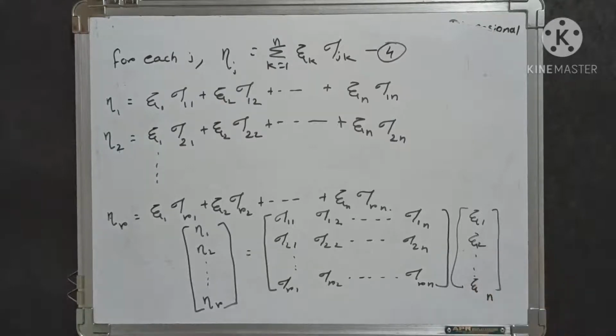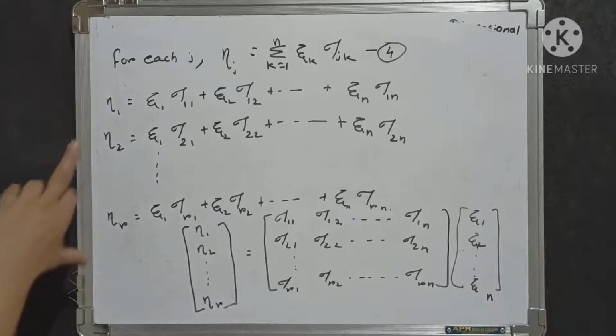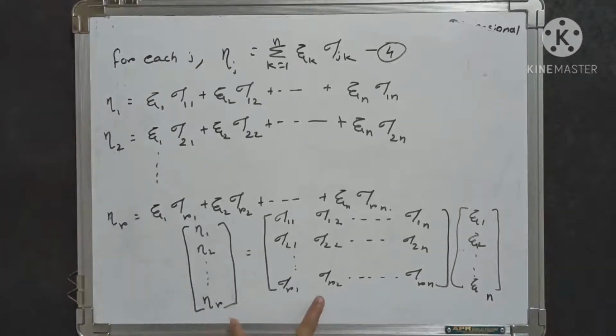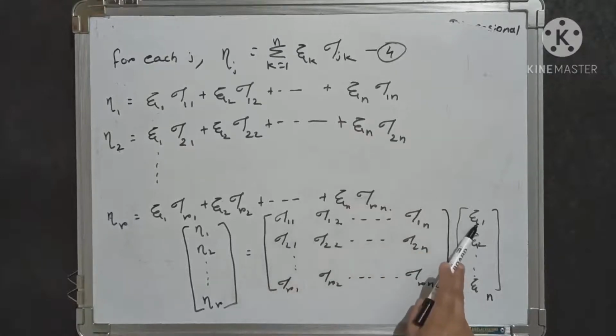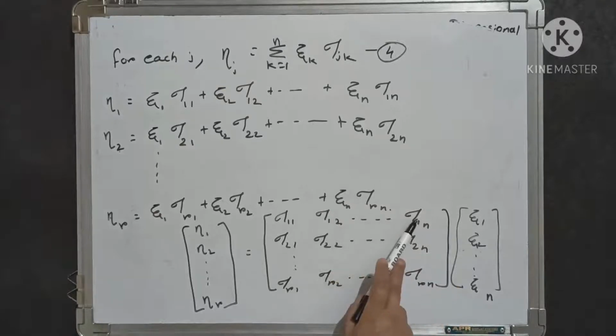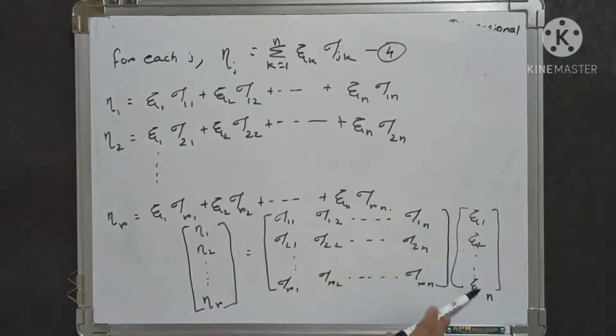Now we write all these equations in matrix form like this. In matrix multiplication, eta 1 equals tau 11 into xi 1 plus tau 12 into xi 2 plus up to tau 1n into xi n. That is our first equation.